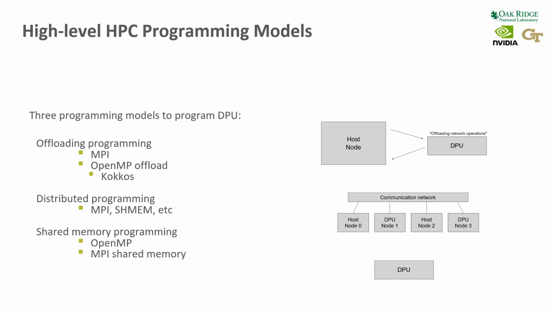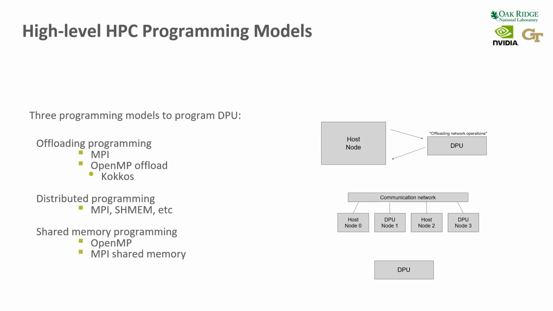So the DPU will free some resources from the host node or the compute node, so that you can definitely achieve not only the overlap, but also a gain from the resources that we have in the DPU to get performance.